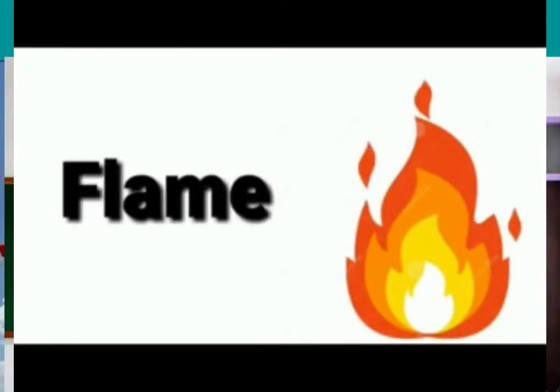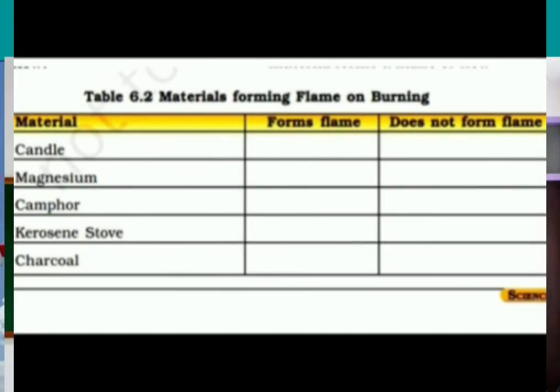Today first we start with flame. In some combustion there will be both flame and light formed. Let's complete a table. Here we take different types of materials like candle, magnesium, camphor, kerosene stove and charcoal.